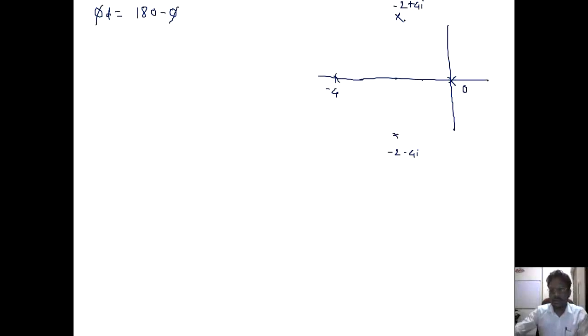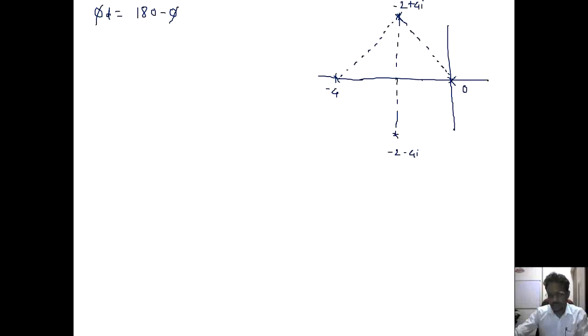Then if we decide to calculate phi d at this pole, connect the remaining poles with a straight line, and count the angle with the horizontal.